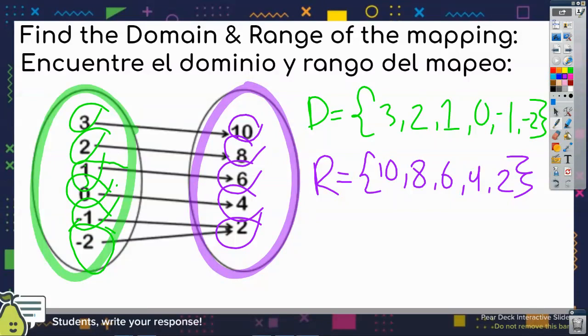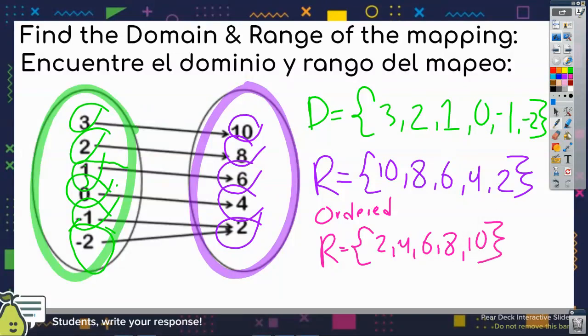But I really prefer to have this order. What I mean by that is that this should go in least to greatest. So this should really go like this. But I'll take it the other way. But it should really go like that.